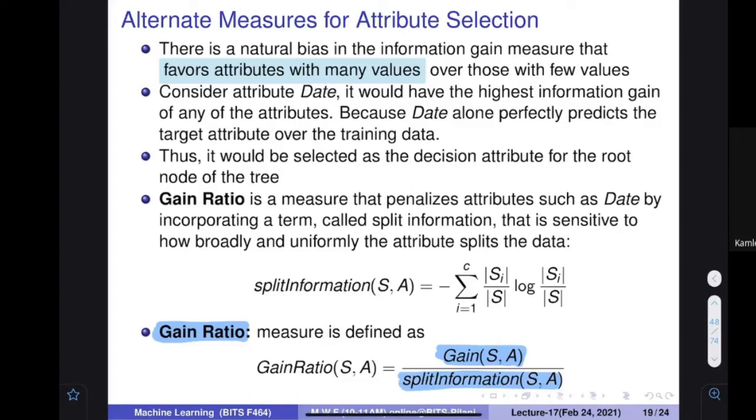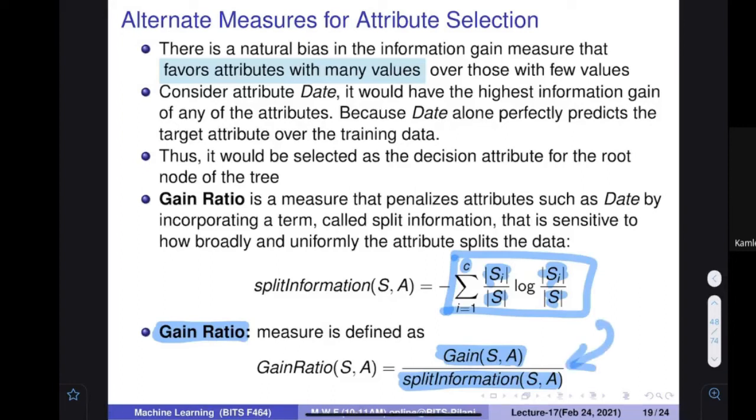Split information tells how well the attribute is splitting the data. It can be computed using a similar formula: the sum for i equal to 1 to all the values it has, of Si divided by S, log of Si upon S. It is a similar expression, but when you divide by this, you get a better measure.